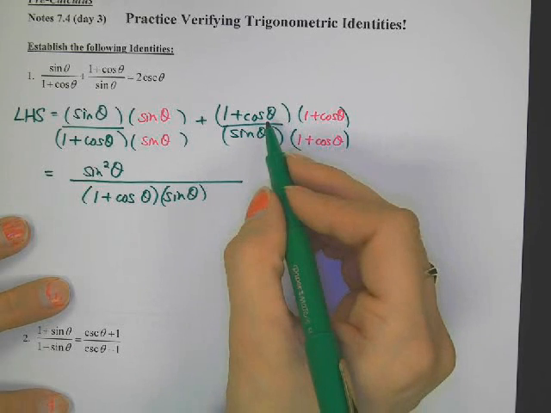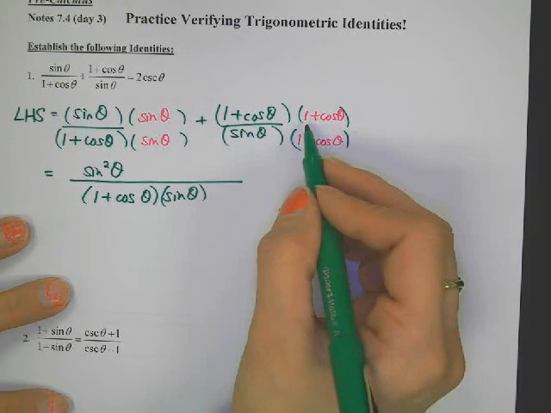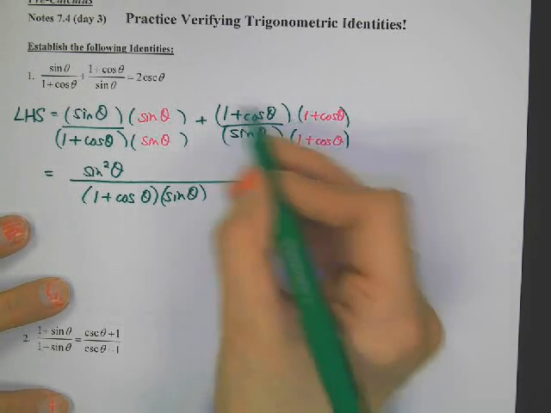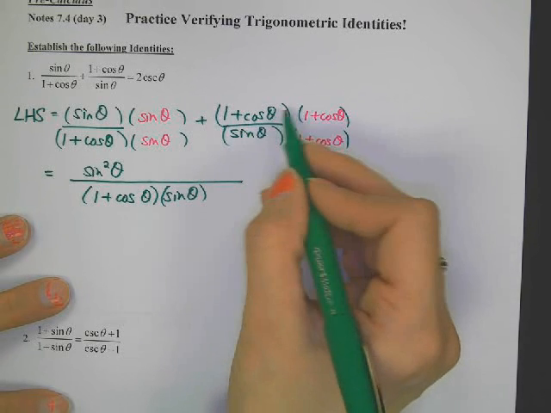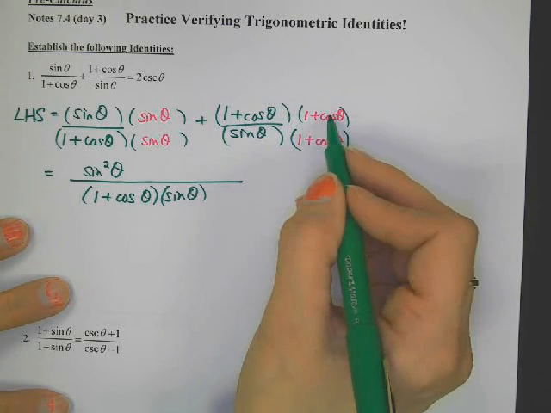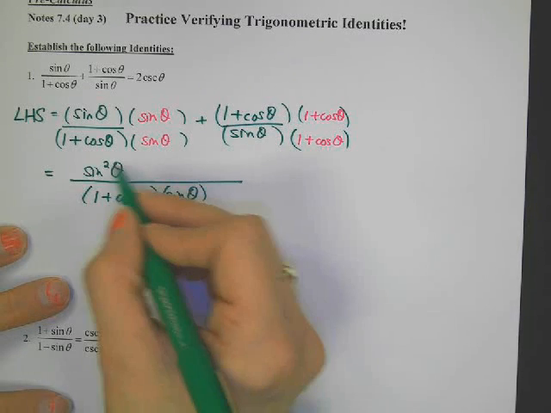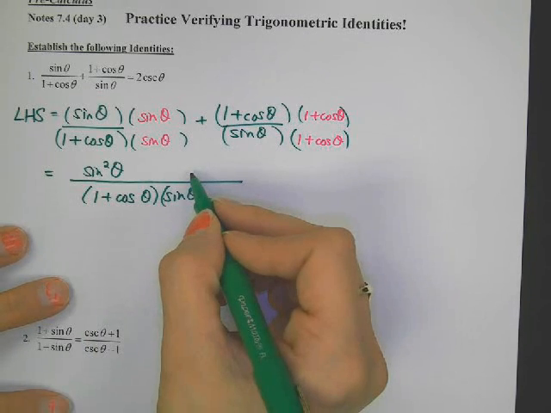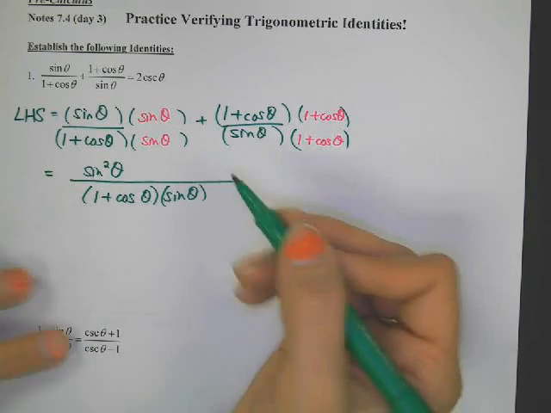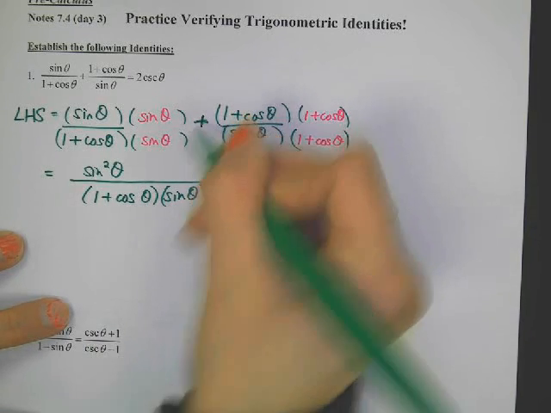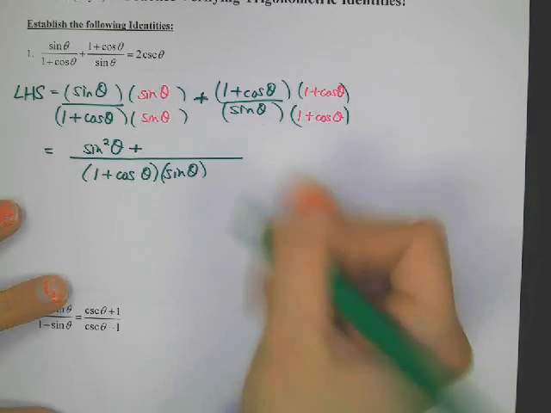How about here? Do you think I should distribute those two things together? If I do that, I'm going to make cosine squared. Do you really want to put a sine squared and a cosine squared together? Yeah, of course we do. This is a plus, so we don't have to worry about distributing a negative.